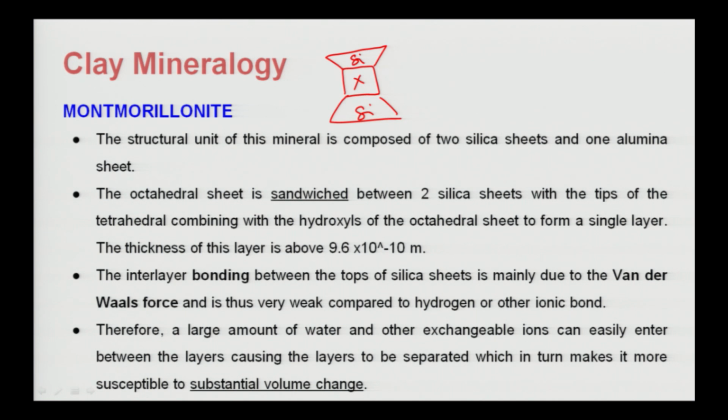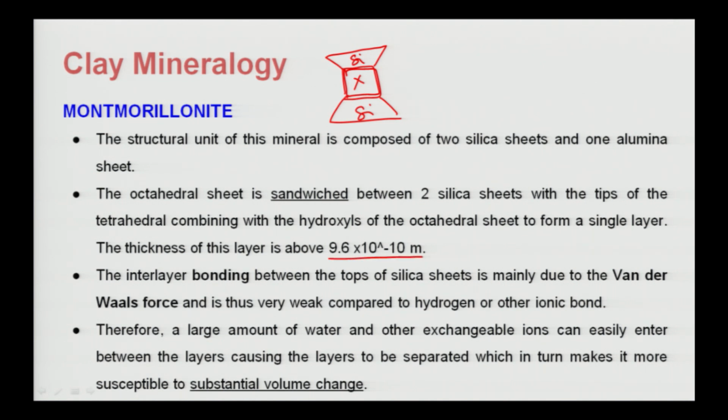The octahedral sheet is sandwiched between two silica sheets, with the tips of the tetrahedral combining with the hydroxyls of the octahedral sheet and the oxygen of the silica sheet above. They will form a single layer, and the thickness of this single layer is 9.6 × 10 to the power of minus 10 meters.